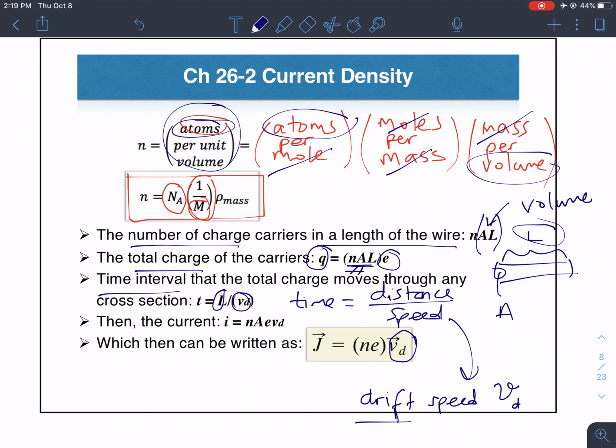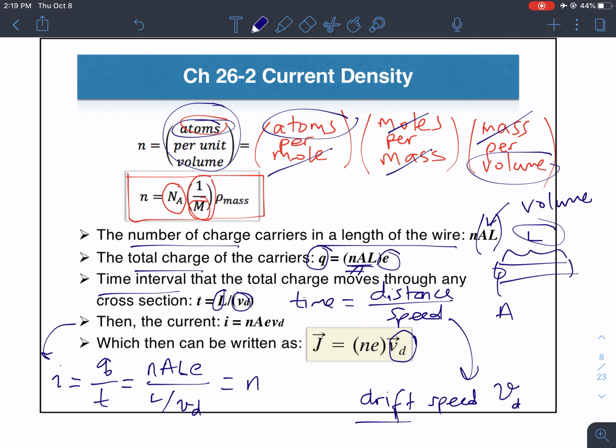And the current becomes, since it is charge per time, Q over T. So let's just take this and show that a little more clearly. Q over T, and we have n A L e at the top, and at the bottom, we have L over drift speed. The L's are going to go away.